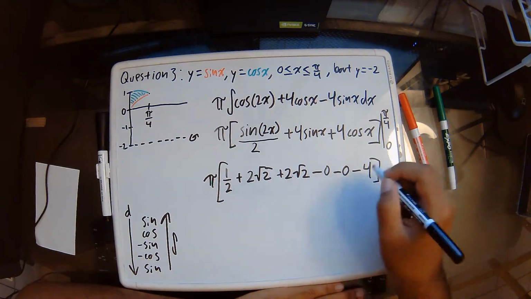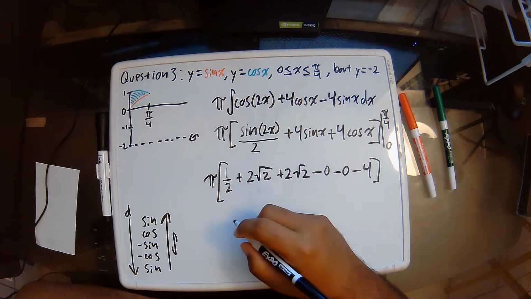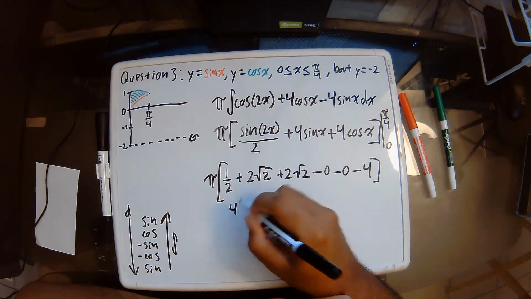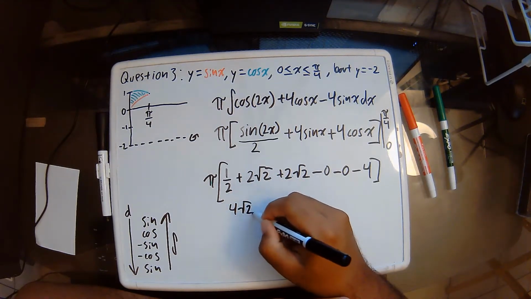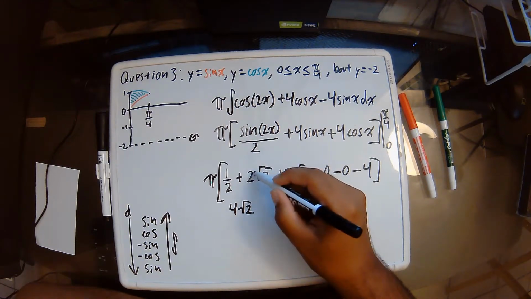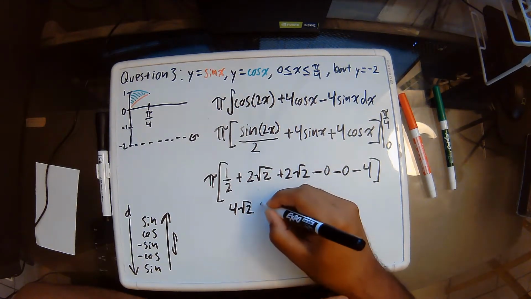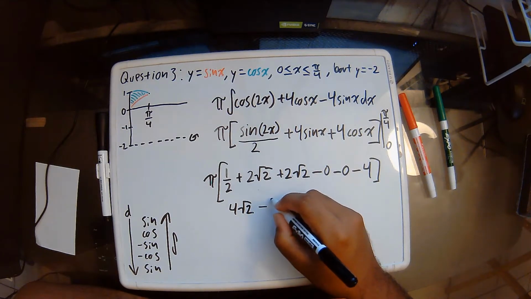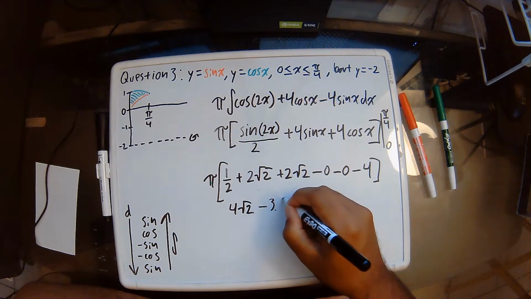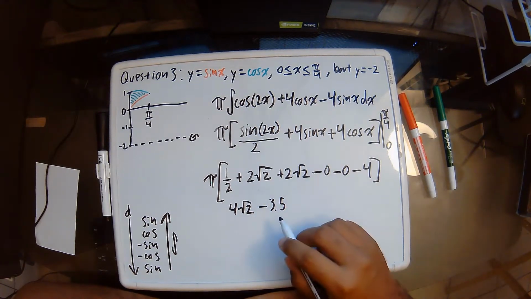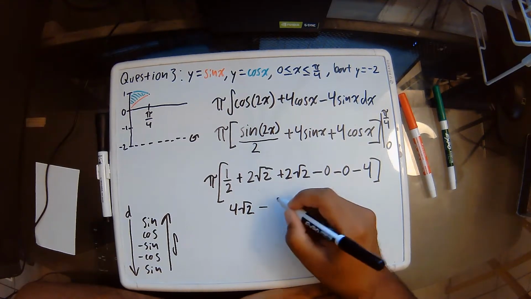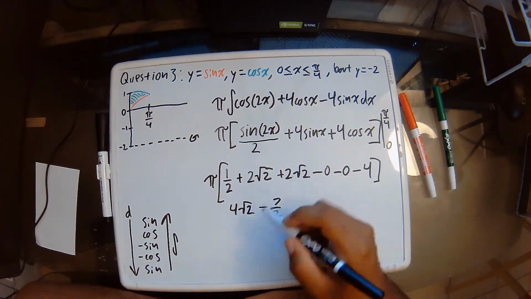So when you combine like terms, you would get 4 root 2, because you're combining these two things, and then you'd get minus 3.5. If you want to put that into a fraction, it would be 7 over 2.